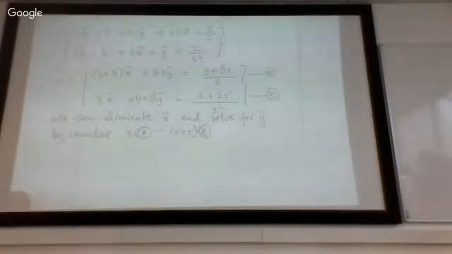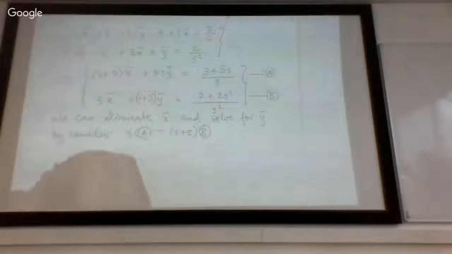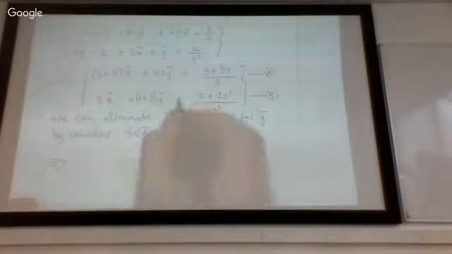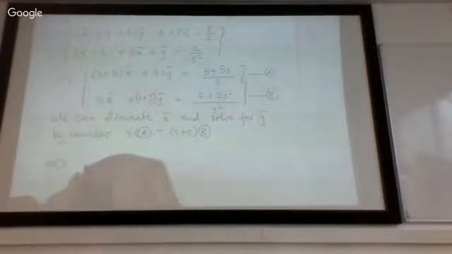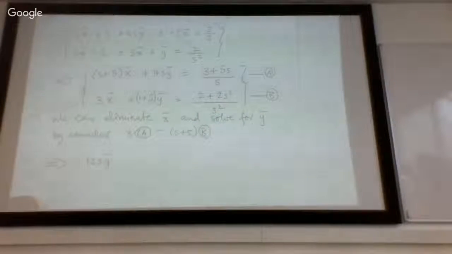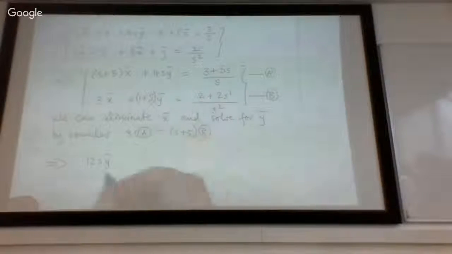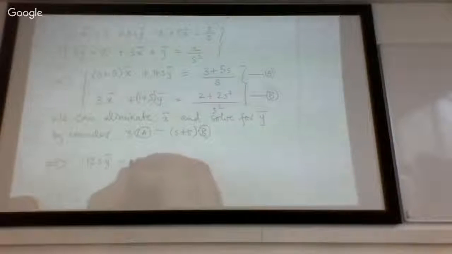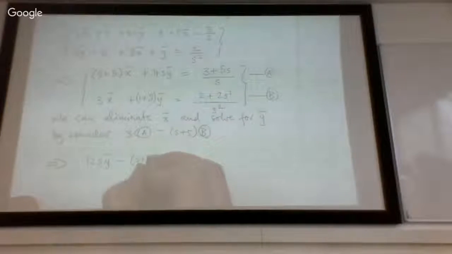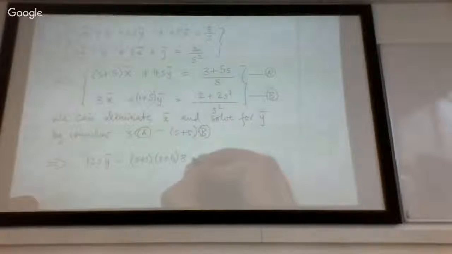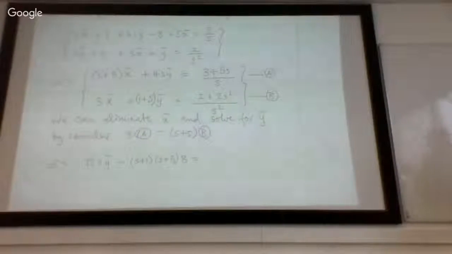So that will have the effect of eliminating the x bars. So we'll just be left with, the 3 times A will give us 12s y bar on the left-hand side, and we'll be subtracting s plus 5 times B, so we'll have minus s plus 5 times B. Then what do we have on the right-hand side?